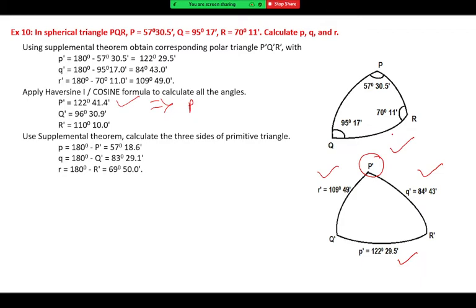Actually you can see in the original triangle small p is available, and our aim is to get small q and small r. To calculate small r and q, we require capital R dash and Q dash. That is one way you can move by a polar triangle.